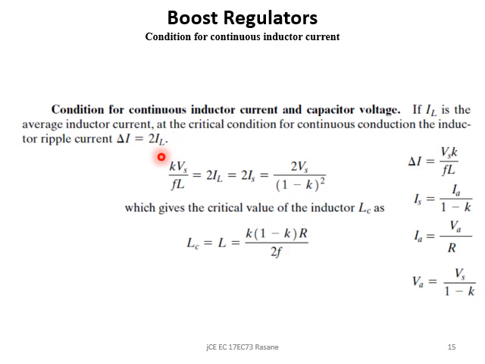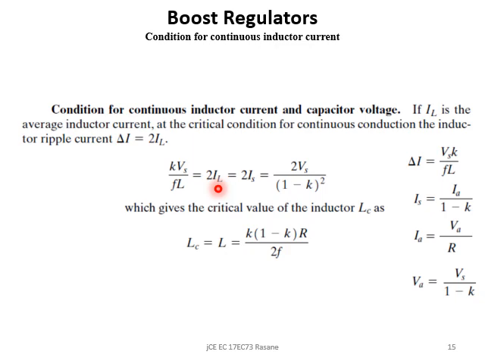So the inductor current is equal to delta I by 2, or delta I is equal to twice IL. Now delta I we already know is also equal to Vs K upon FL. So I will write it K into Vs upon FL for delta I, and this is equal to twice the inductor current IL.